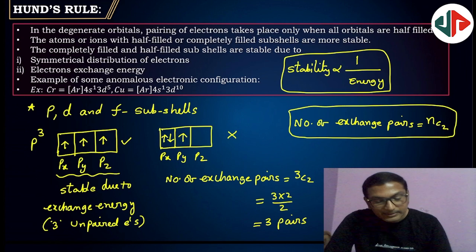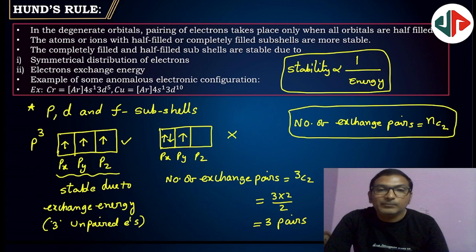Based on Hund's rule, we can write the electronic configuration of chromium and copper as follows. See here, chromium: argon core 4s1 3d5. 4s1 is half filled, and 3d5 is also half filled. According to Hund's rule, half filled and completely filled orbitals are more stable. Completely filled orbitals are more stable due to spin pairing, where spin will be cancelled.